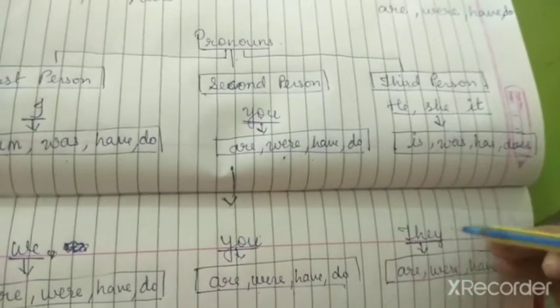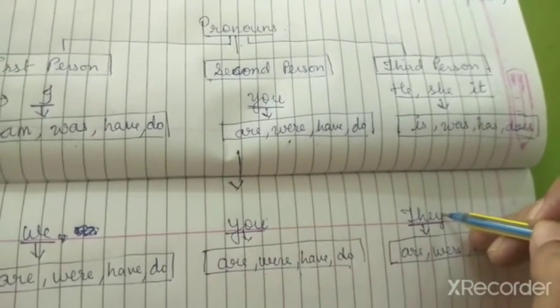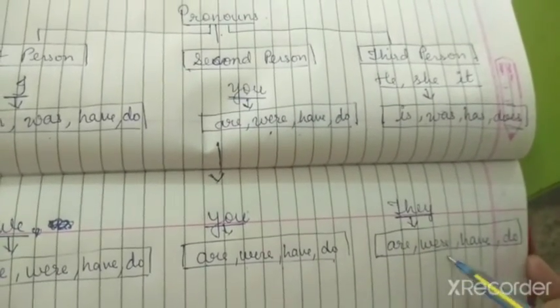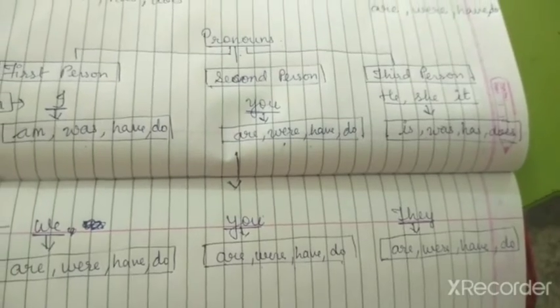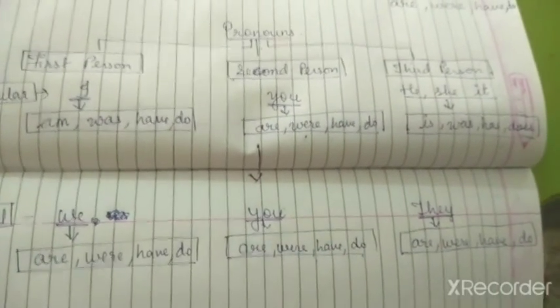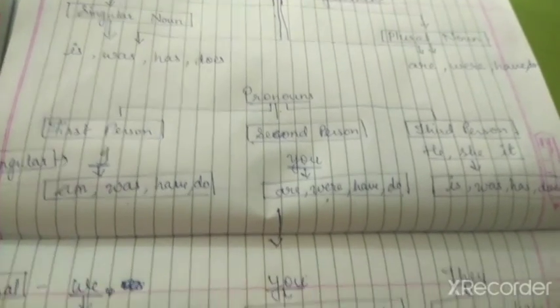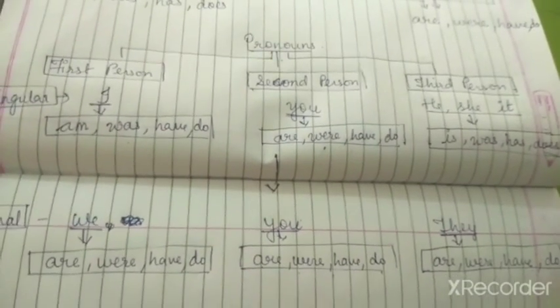And when the third person pronoun is there, that is they, then we will use are, were, have and do. Okay, so with the help of this chart, I hope that the subject verb agreement topic is clear to you.